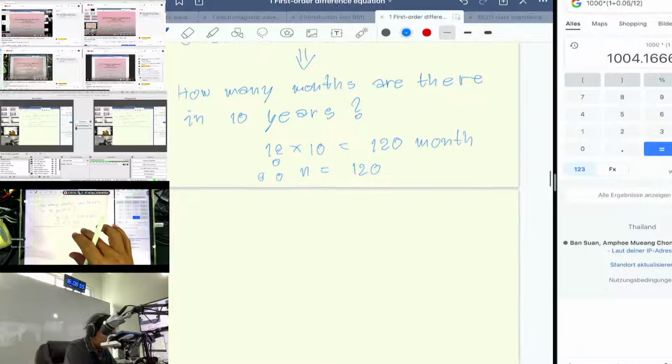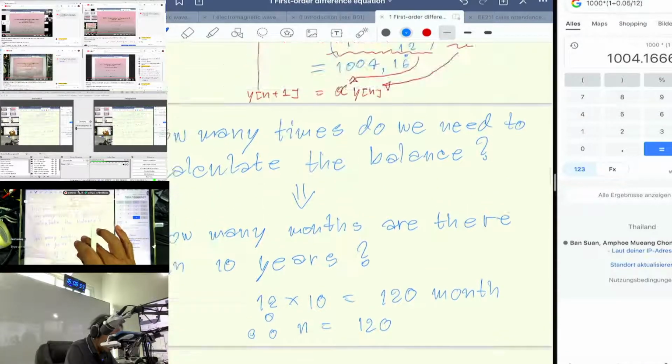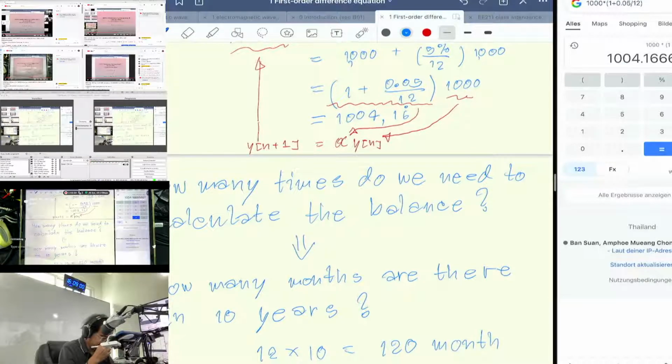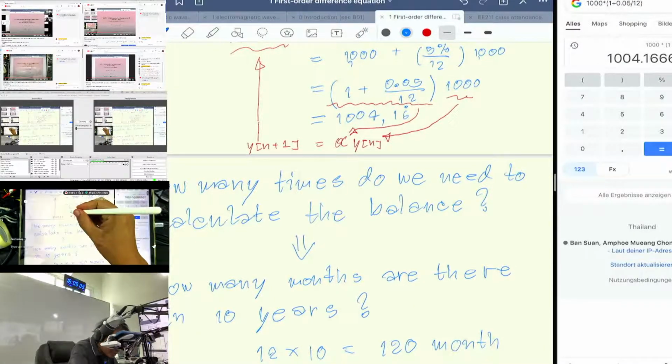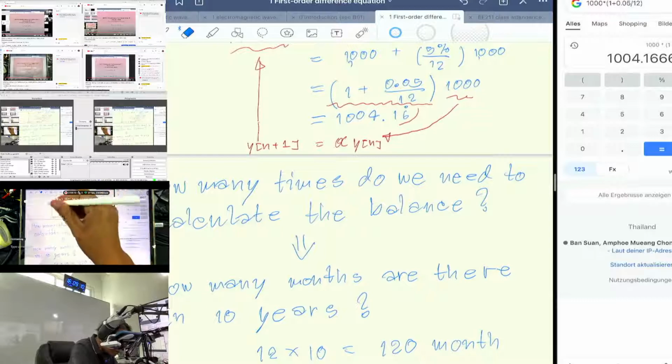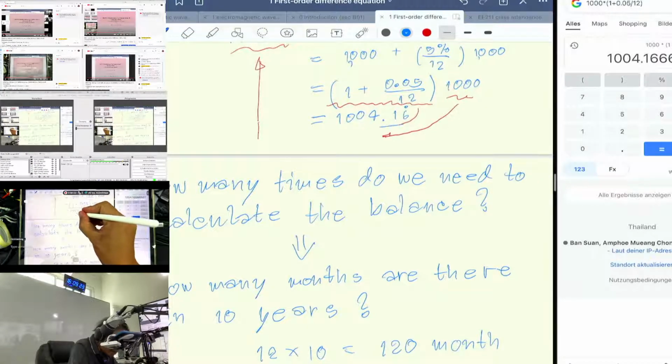And yeah, according to our, no, this is n, right, the power of n. Okay, let's remove all of this. Here we would say y1 is equal to alpha times y0, right?